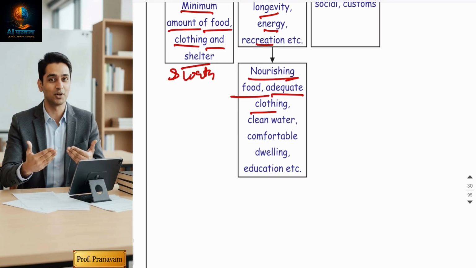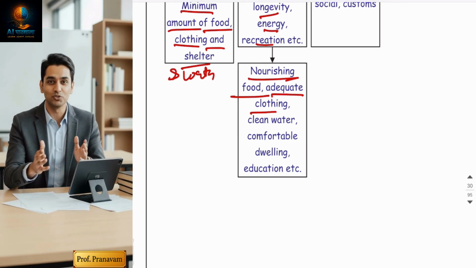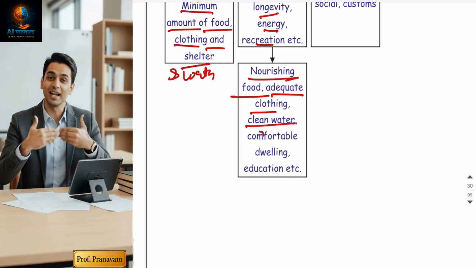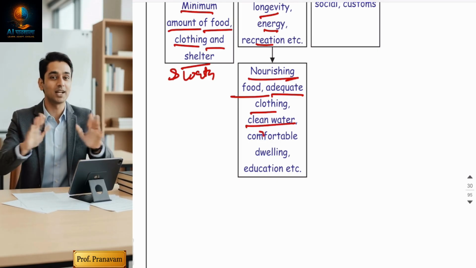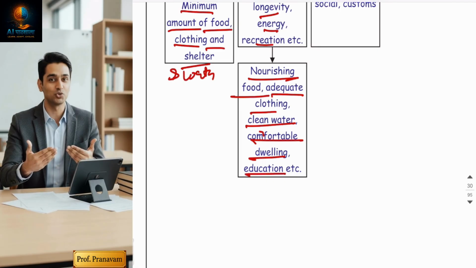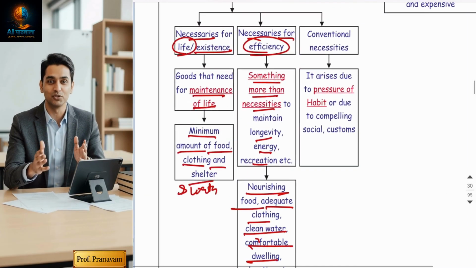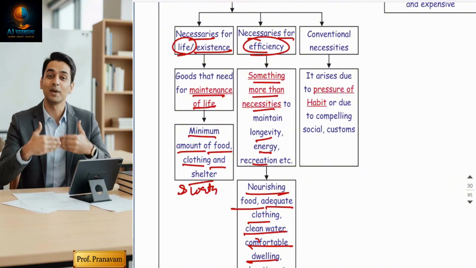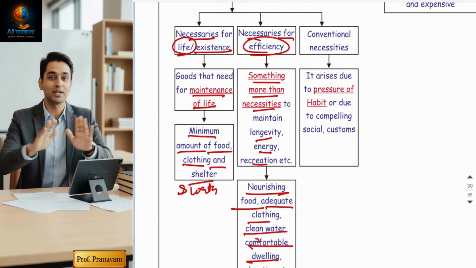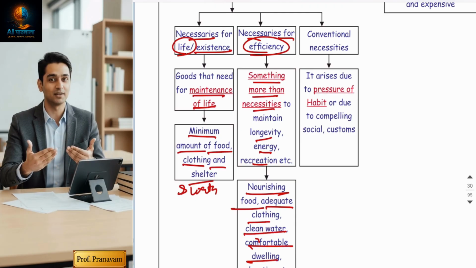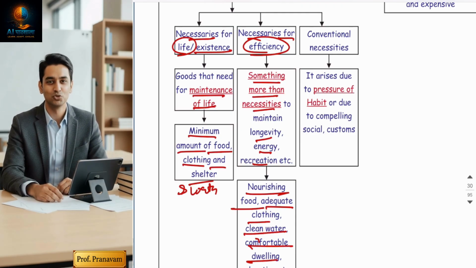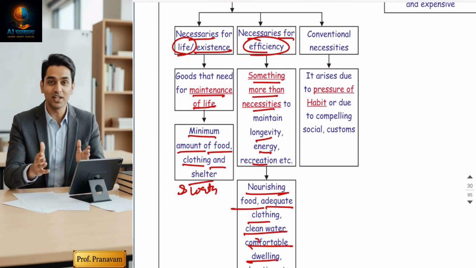Two pairs of clothes, I can survive, but at least I need 5 to 6 clothes to improve my efficiency. Clean water, not mere water, comfortable dwelling, and education increase my efficiency. Books increase your knowledge, which increases your efficiency. A computer with internet: the internet increases the efficiency of the computer and mine.